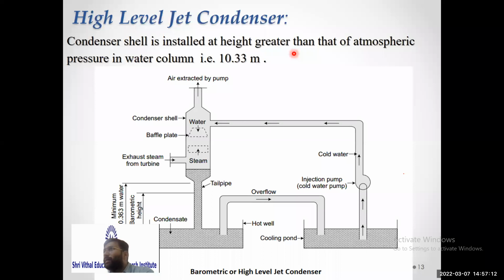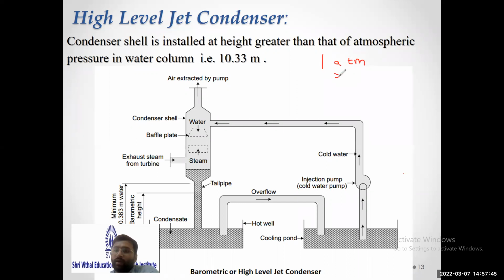Now this is a special type of counterflow condenser in which the height of the condenser is greater than that of atmospheric pressure in water column, that is 10.33 meter. Many of you may have forgotten up to this point, but let me remind. Previously we have seen what is 1 bar pressure, or 1 atmospheric pressure. 1 atmospheric pressure is 101.325 kilopascal.